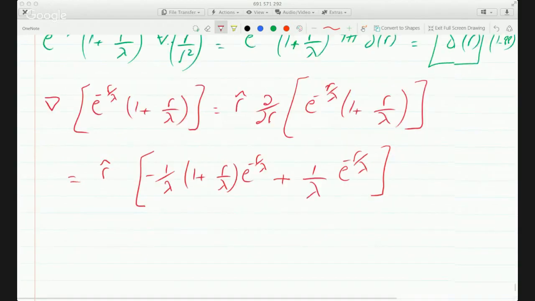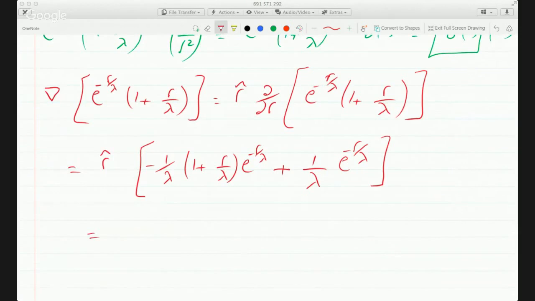If we were to FOIL it, we can cross these terms out, and we have left r hat, r over lambda squared, e to the minus r over lambda.